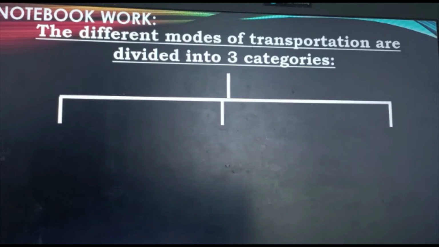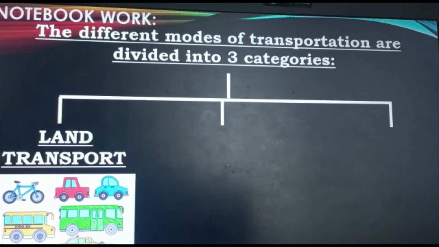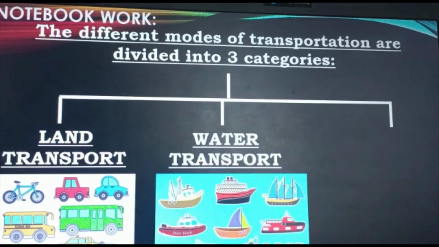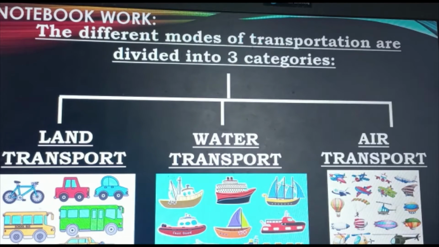As we have discussed earlier, there are three types of transportation. So I would like you to draw as well as write all three categories: the first one being land transport, the second water transport, and the third air transport.